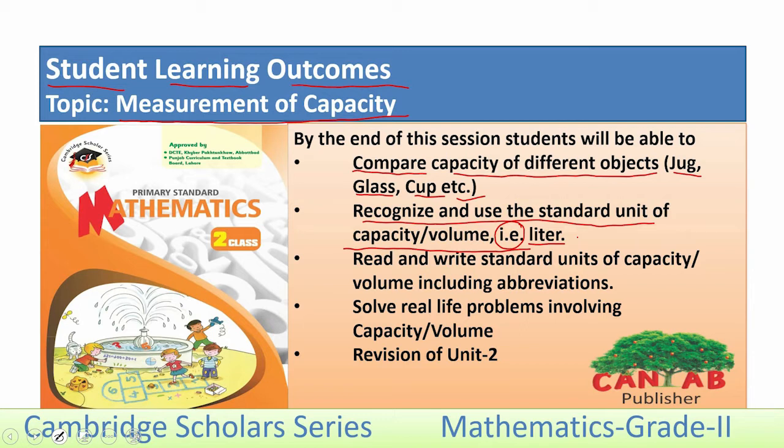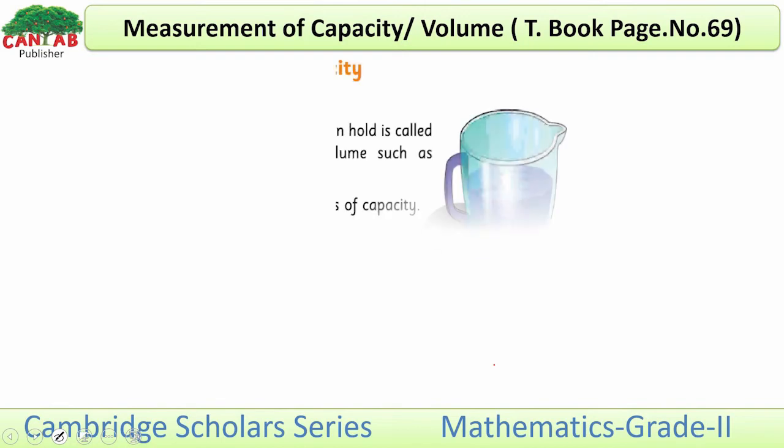And then liter. After that, we will read and write standard unit of capacity of volume including abbreviation. At the end, we will solve real life problems involving capacity of volume and then revise the unit, revision of unit 2.